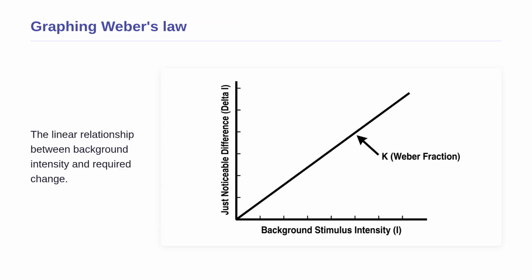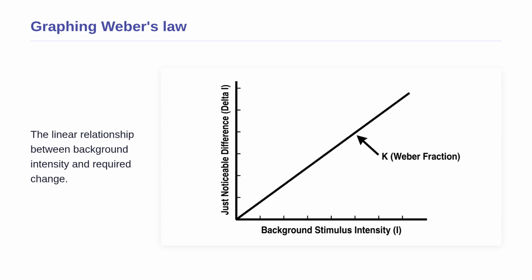Now that we have calculated these thresholds, let us visualize this relationship on a graph. What you are looking at is a plot of Weber's law. The horizontal axis represents the background stimulus intensity, labeled as I. The vertical axis represents the just noticeable difference, labeled as delta I. As you can see, the relationship is a perfectly straight line, starting from 0.